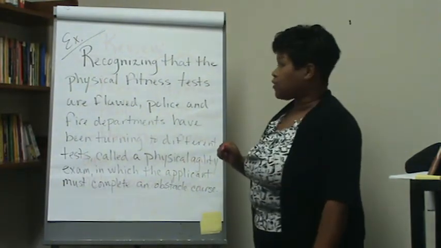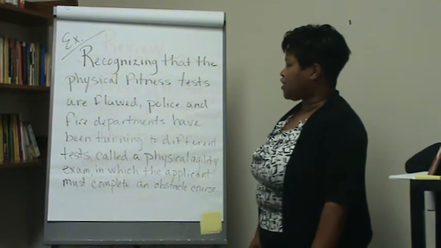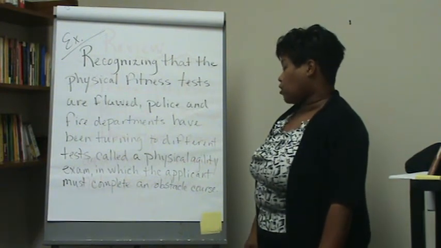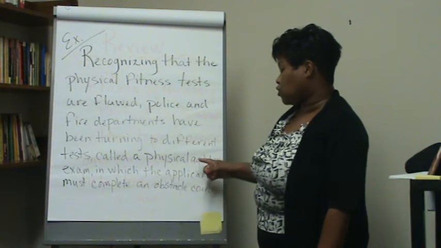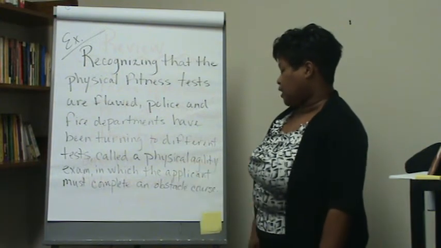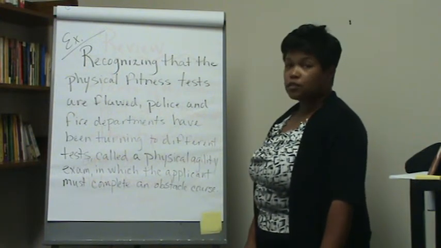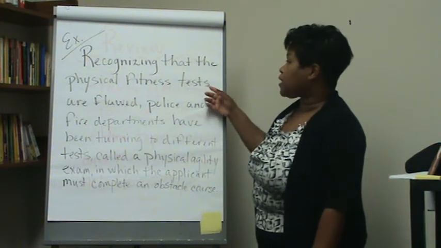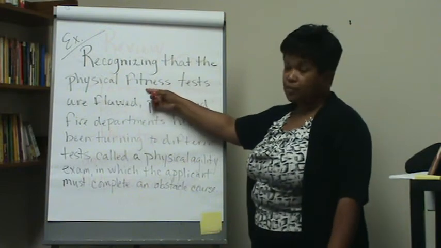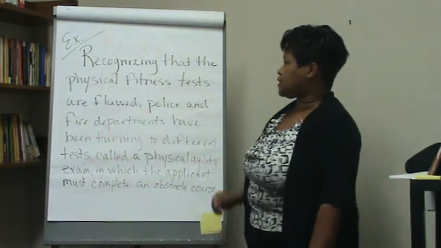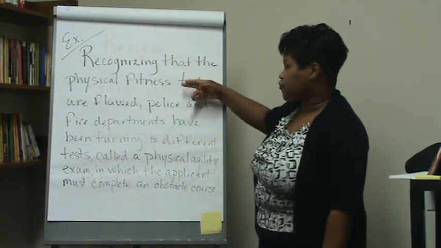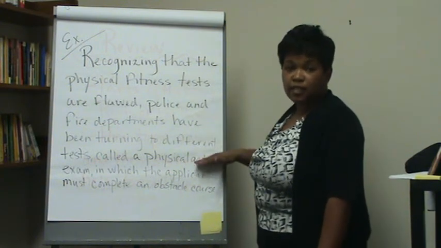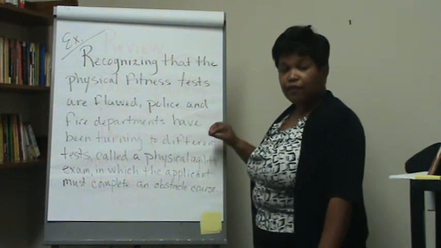Our next sentence, on the other hand: "Recognizing that the physical fitness tests are flawed, police and fire departments have been turning to different tests called physical agility exams, in which the applicant must complete an obstacle course." This gives us an understanding of what's to come in a specific paragraph, because it only names one thing to be discussed, and that is physical fitness tests. Having this switch from physical fitness test to the physical agility exam allows us to have this discussion on a more specific and focused level.